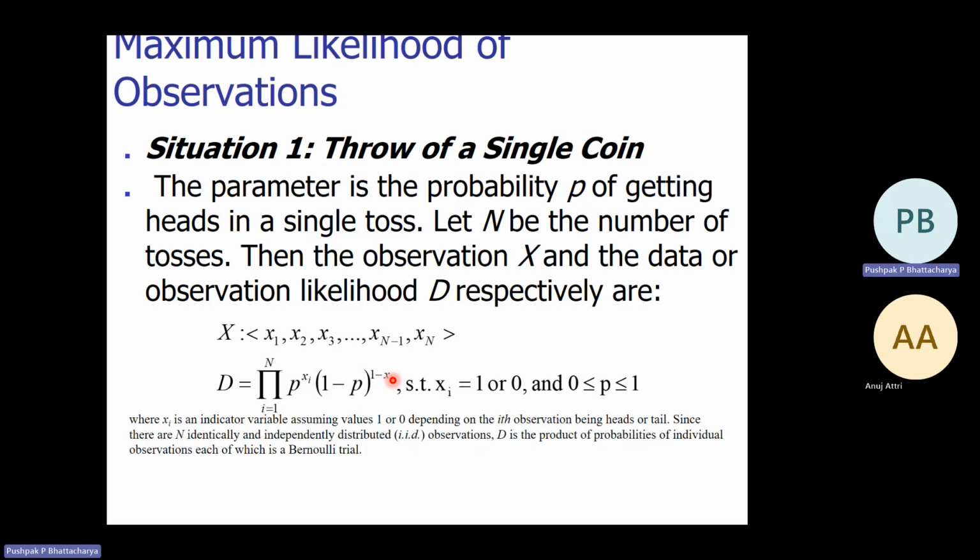Indicator variables take one or zero. So it's a very powerful and nice idea from combinatorics, where counting is in terms of addition of variables. So we have replaced the counts of heads and tails with indicator variables.